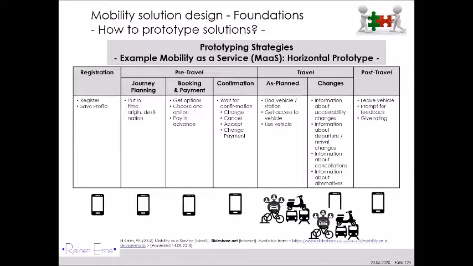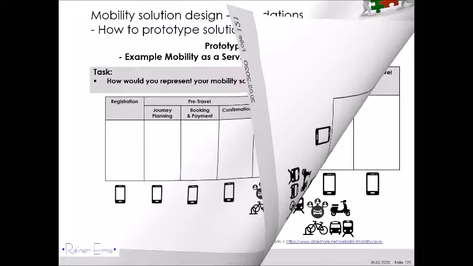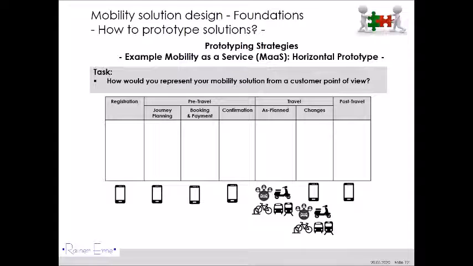And the question would be, the task for you: if you have in mind to prototype a MaaS solution, what should be the services provided in every phase of this customer journey, which leverages the 2 value propositions, seamless end-to-end journeys and a variety of travel options to take?